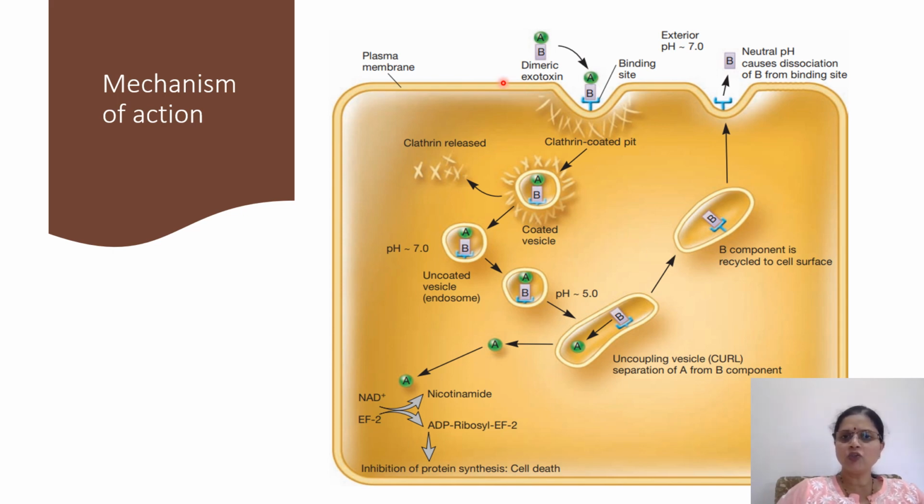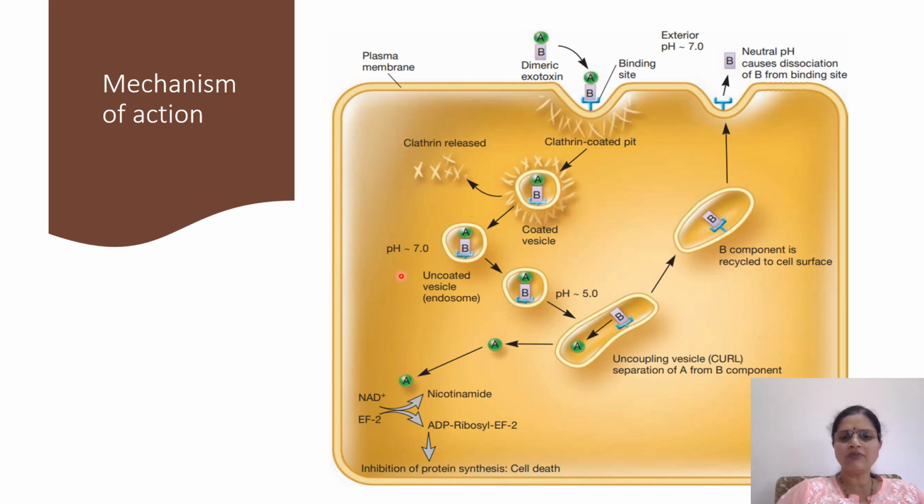Dimeric in the sense it has two subunits, A subunit and B subunit. With the help of the B subunit, this exotoxin will first bind to the receptor present on the plasma membrane. Once the binding takes place, this exotoxin will be taken up inside the host cell with the formation of a vesicle. So, in a coated vesicle, this dimeric exotoxin will enter inside the host cell.